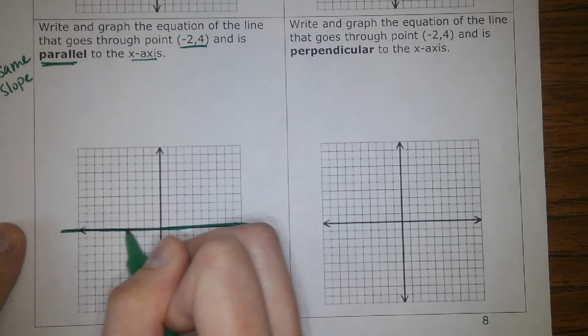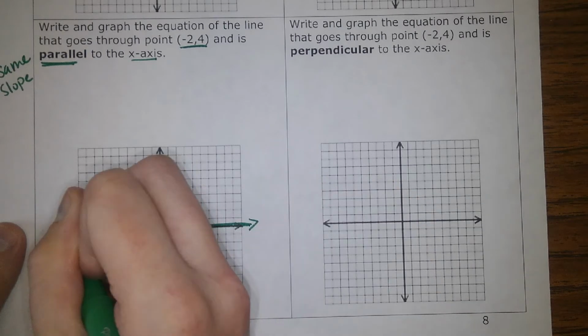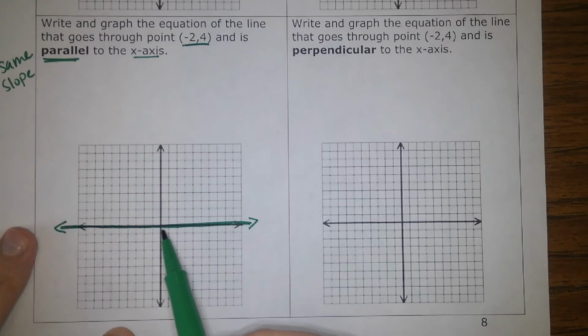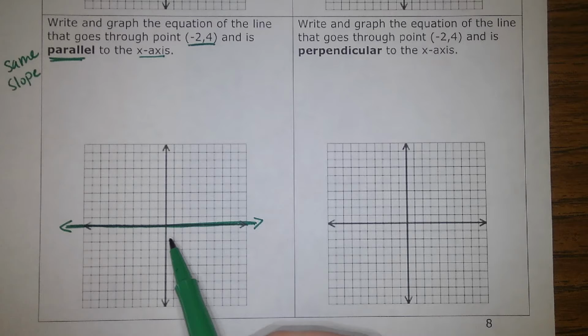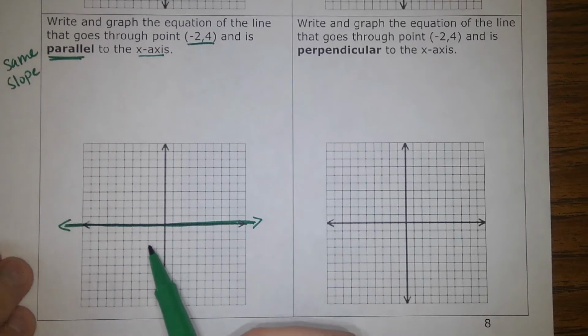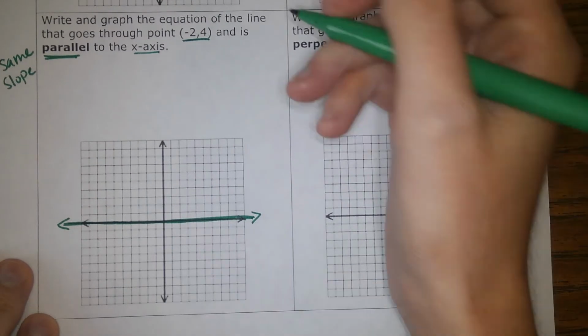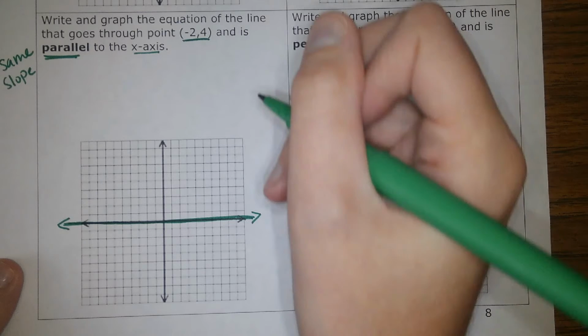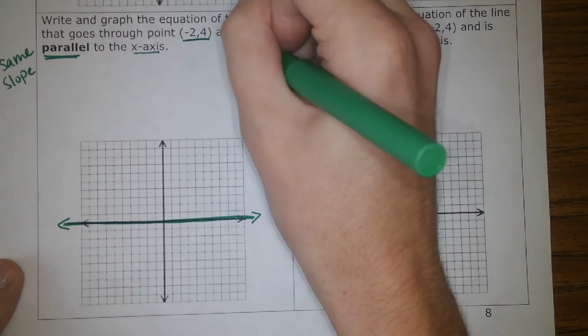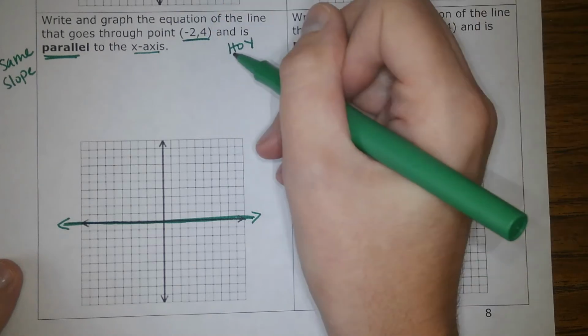And if I'm going to draw a line on my x-axis, this actually has an equation, okay? The equation for this, remember, it's a horizontal line. It's straight horizontal. So we're going to think about HOY. It is a horizontal line. It has a 0 slope.